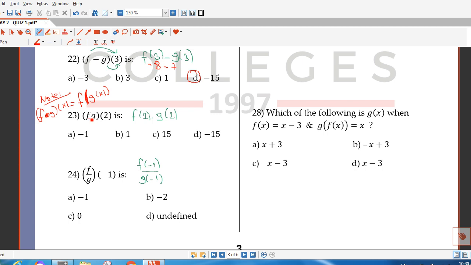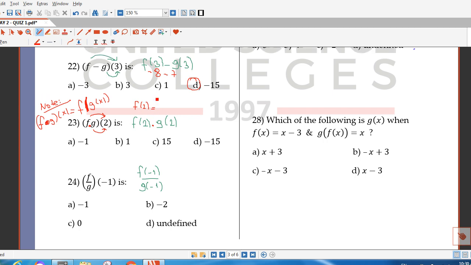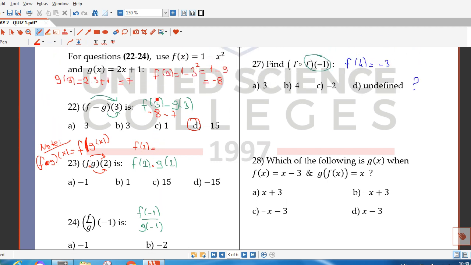If nothing is written, it is the multiplication, so f of 2 times g of 2. F of 2 will be, what was the function f? 1 minus x squared.